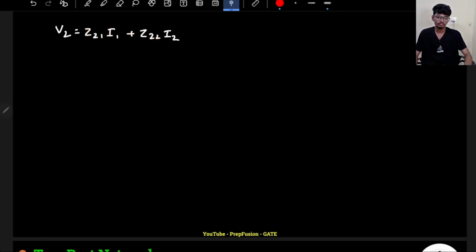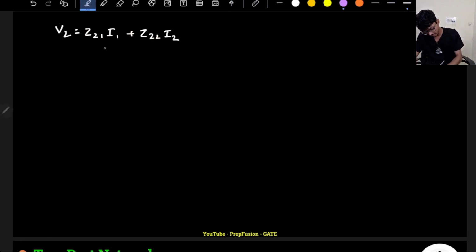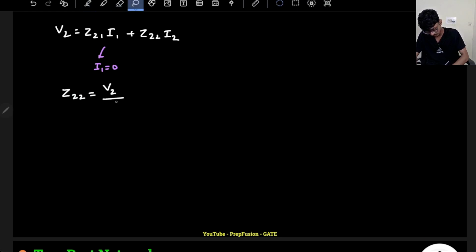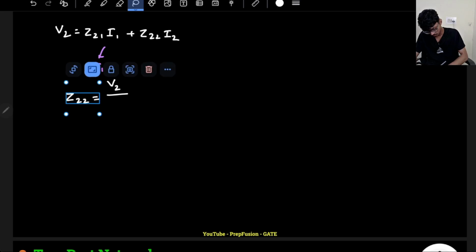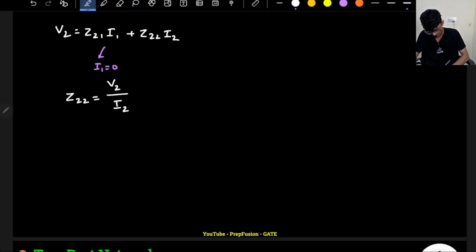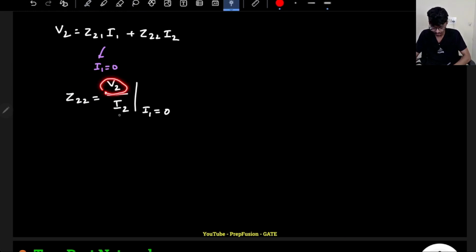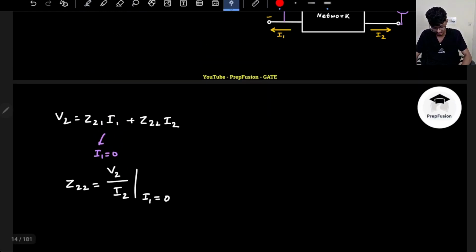So you can make the input current 0. If I make the input current 0, Z22 will be the ratio of V2 by I2 when my input current I1 is 0. I have given the input voltage, and I just have to measure the current.